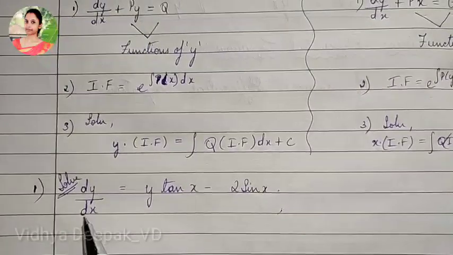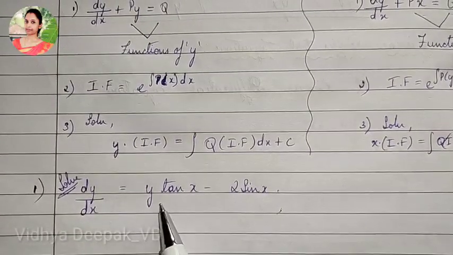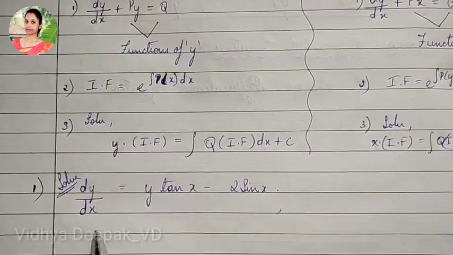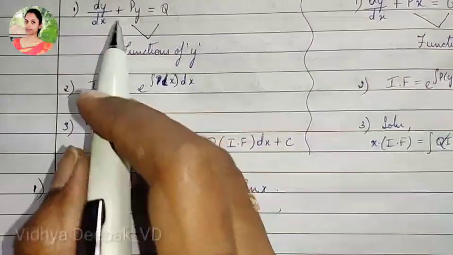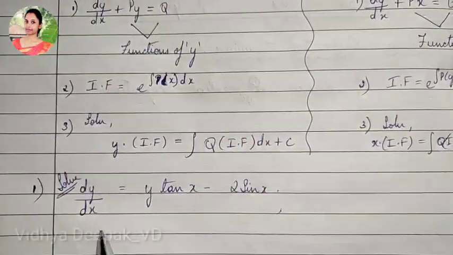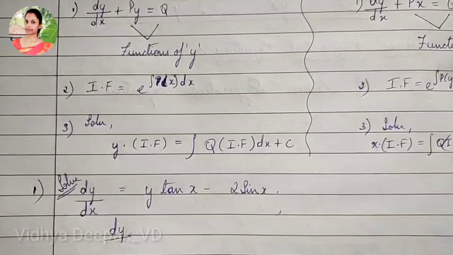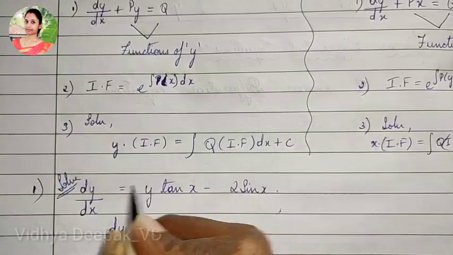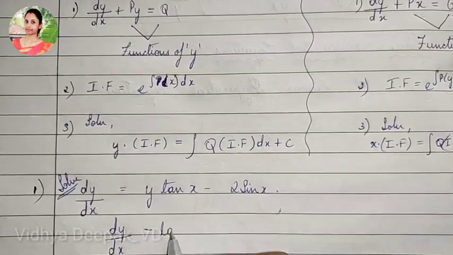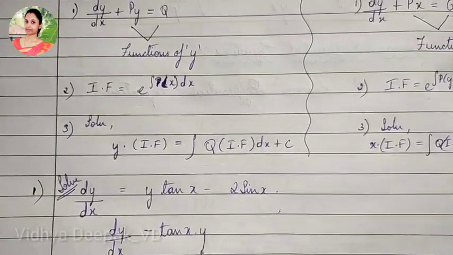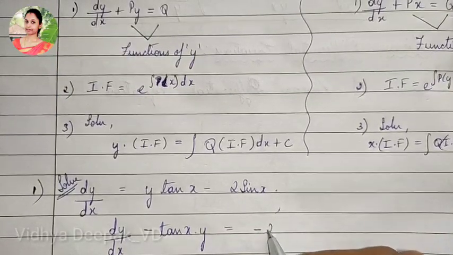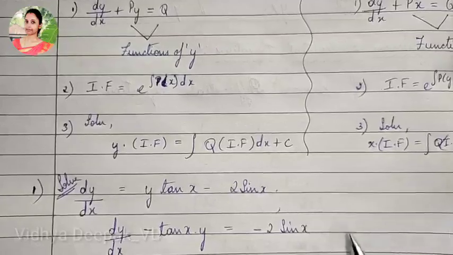Okay, now this is a problem. Solve dy by dx is equal to y tan x minus 2 sin x. First our aim is to write this in the standard form, that is dy by dx plus py is equal to q. So the dy by dx term will come first. Then I'll bring this term to the other side, that is minus tan x into y, which is py, is equal to q, which is 2 sin x.